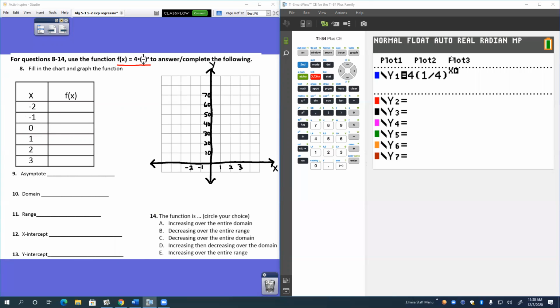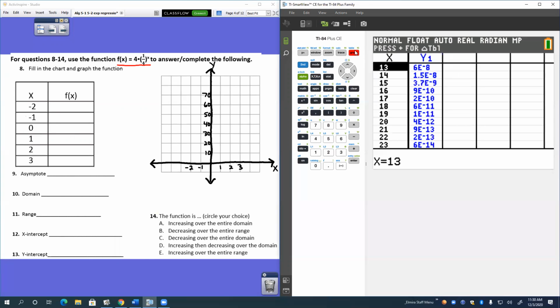After you type that into your y equals, you want to use the table function. So second and then table.